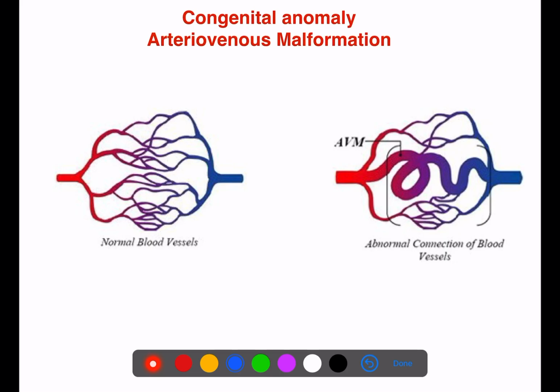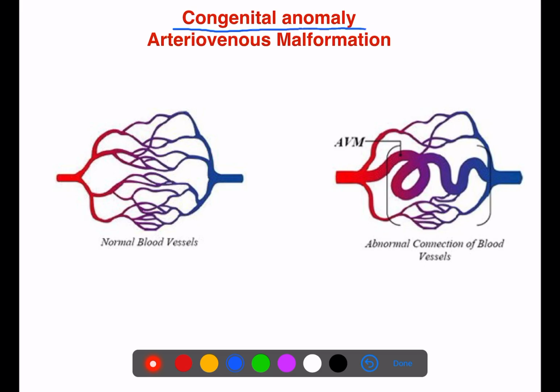As we learned before, first we should talk about the congenital anomaly within artery. The main congenital anomaly is called arteriovenous malformation.